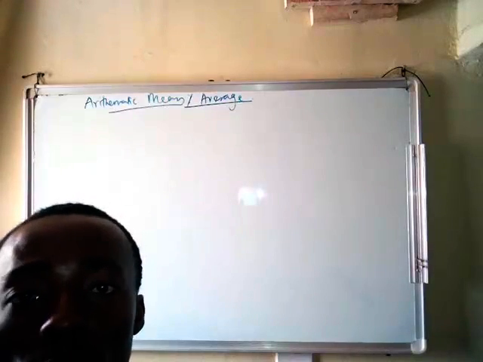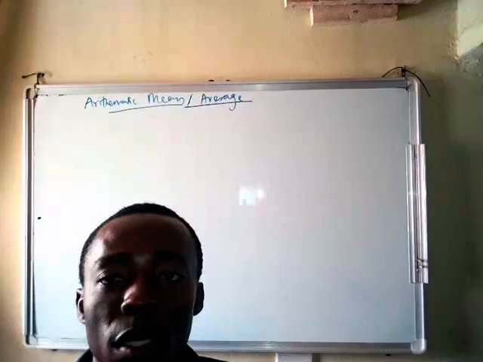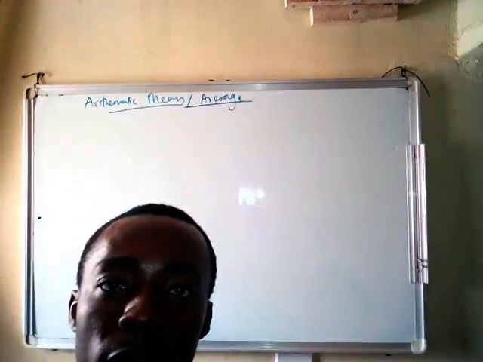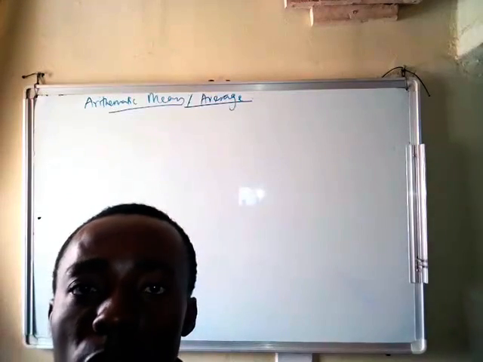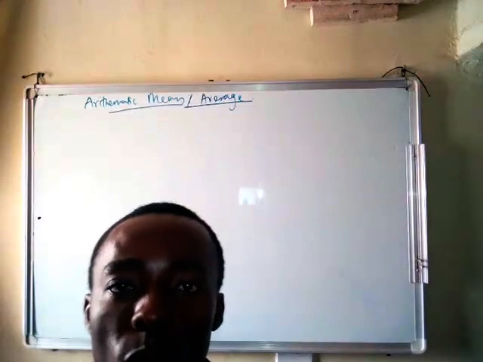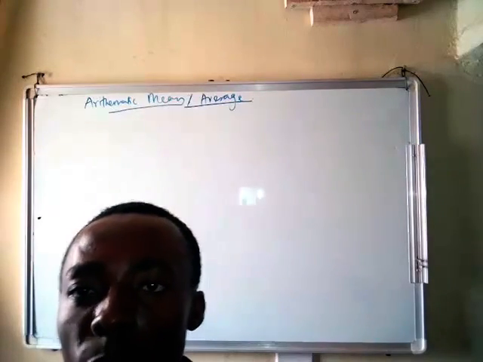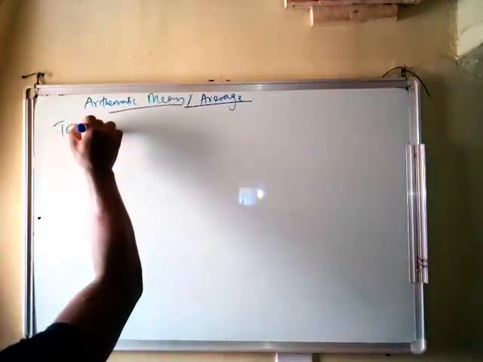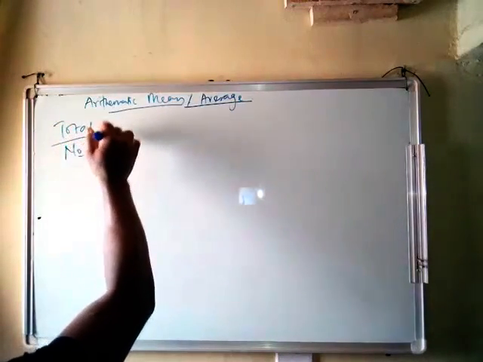So today, quickly, we are going to look at some questions. Some are simple, some are not, but it all depends on your understanding of the topic. We all know that arithmetic mean has a formula: adding the total number of values given, or a set of numbers given, adding them together to get their sum or their total, then dividing it by how many they are.